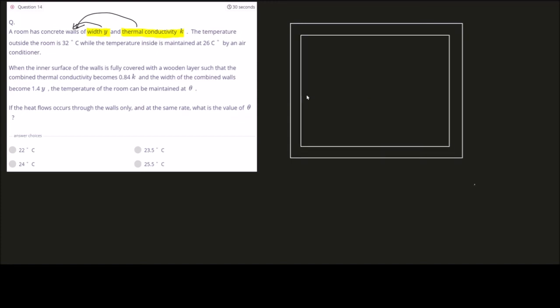So the width is Y and the thermal conductivity is K. Outside is 32 degrees Celsius. Inside is 26 degrees Celsius because you have a nice cold aircon.